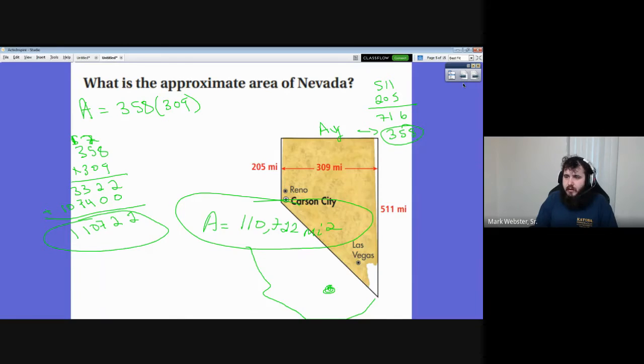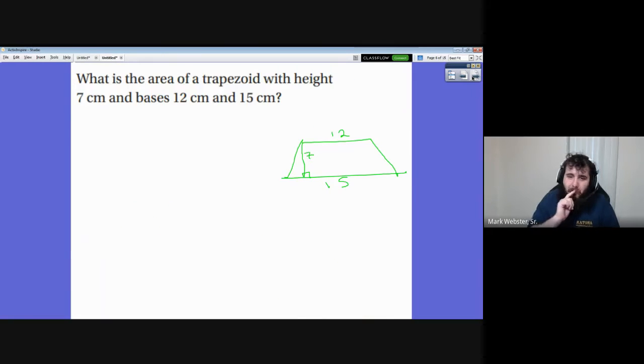Okay. What's the average of the bases of 12 and 15? 27 divided by 2. I mean, you could say 13.5 or 27 over 2. Either way is fine by me. And then you're going to go ahead and you're going to multiply that by the height.